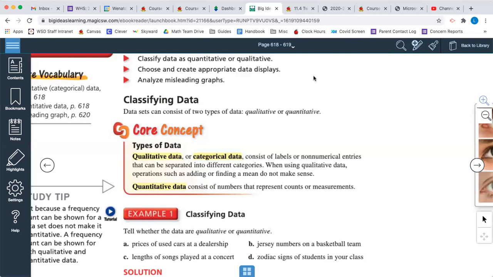Now, the length of songs played at a concert would be quantitative data. Time is another thing that's very commonly considered to be quantitative data, because it makes sense to think about, well, what's the average song length of a band or an artist you might like? It makes sense to think of the average or the median of that, because it's a continuous measurement.